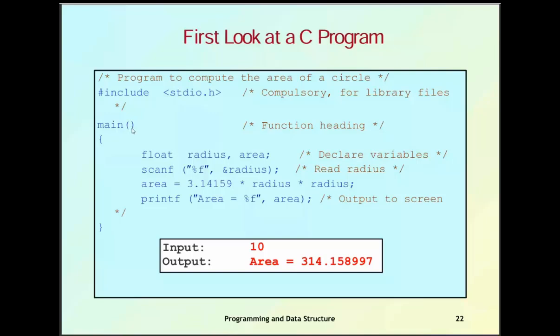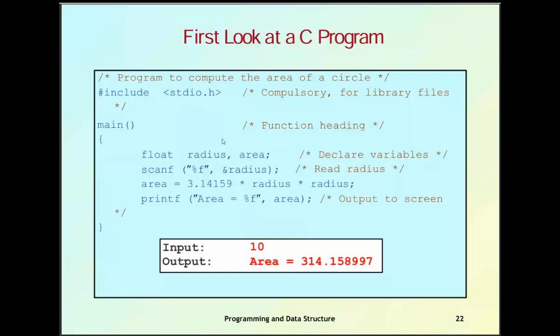Clear? Sir, one doubt, sir. Yeah. Sir, can we call them methods also, sir? See, functions and methods are the same thing, but in object-oriented programming we call these things methods, and when we talk about a structured programming language like C, we call them functions.